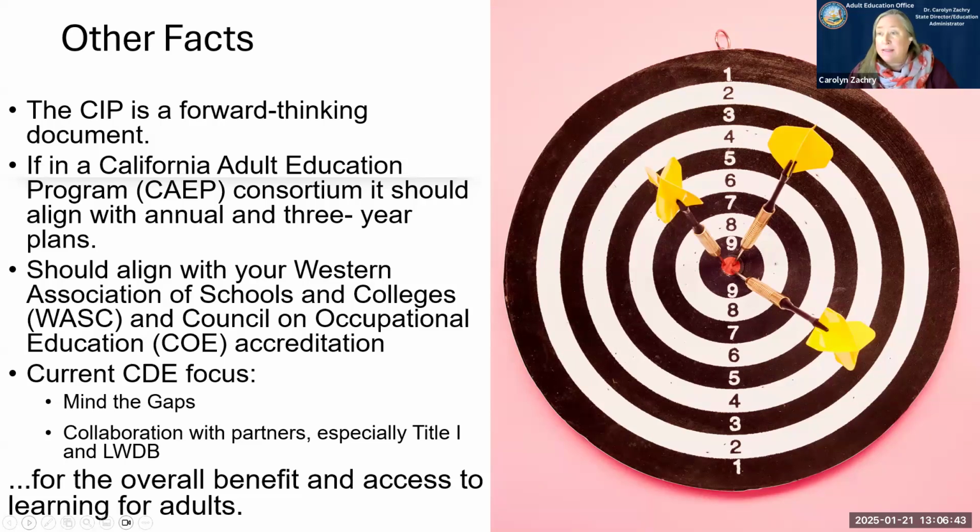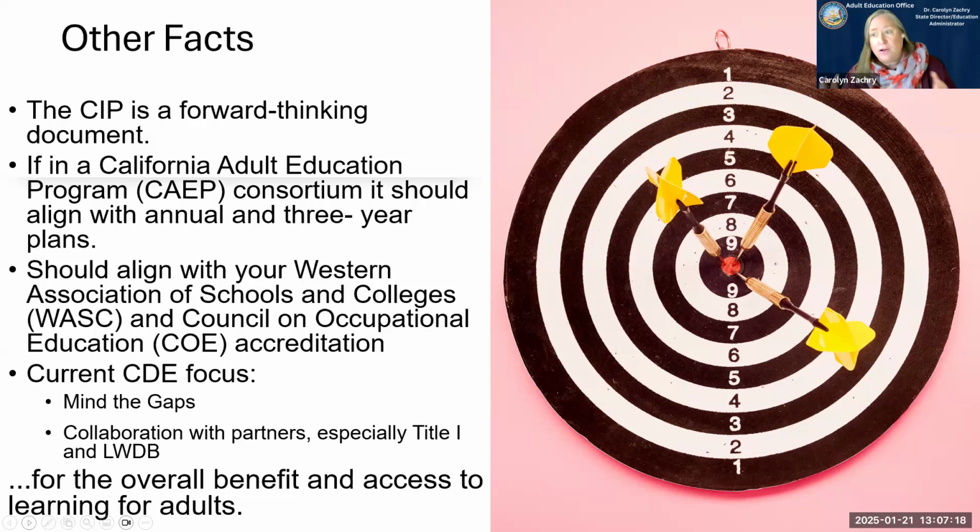Because both WASC and COE are aware of our CIP, they have the documents, the Word documents, and so they're wanting us to make sure that when we're doing goal planning, you're thinking about those accreditations, if you're working through those accreditations as well. And you are allowed to include your CIP with your WASC documentation.